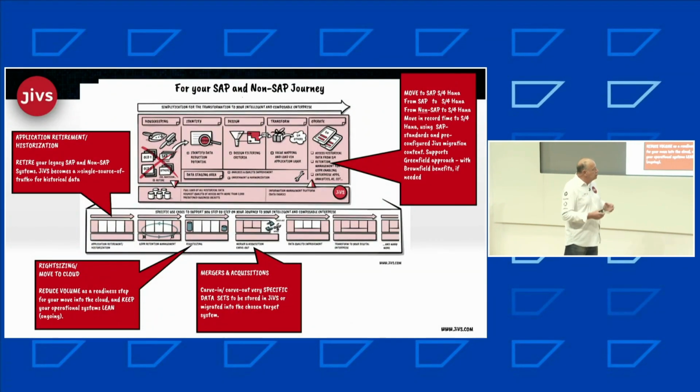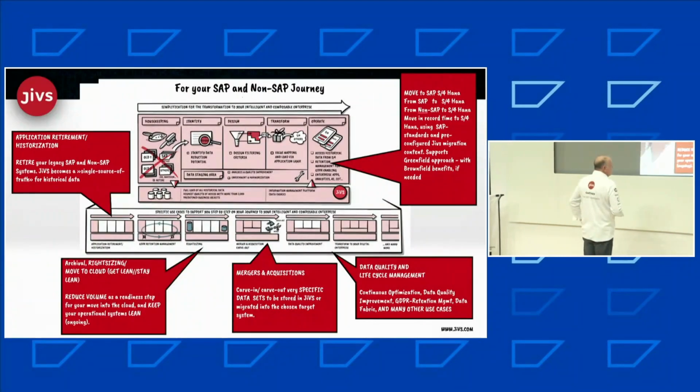And then in mergers and acquisition scenarios, carving out very, very specific data sets, bring it to a staging area, and then maybe into a future core. Okay, so integrated platform that supports all those use cases.